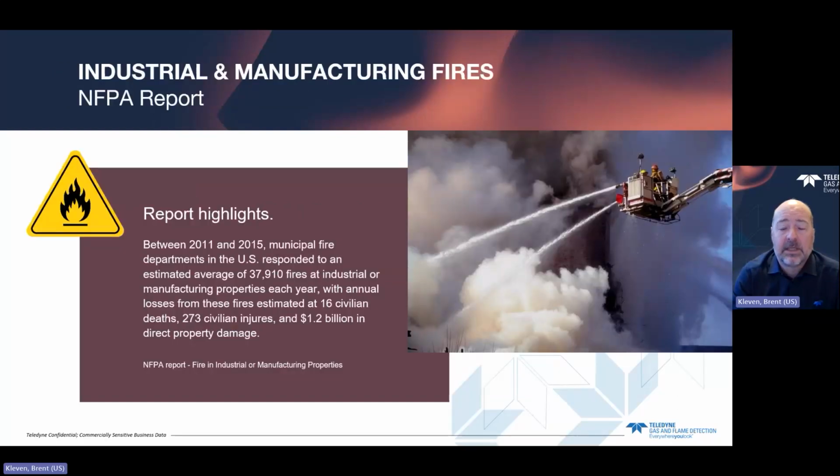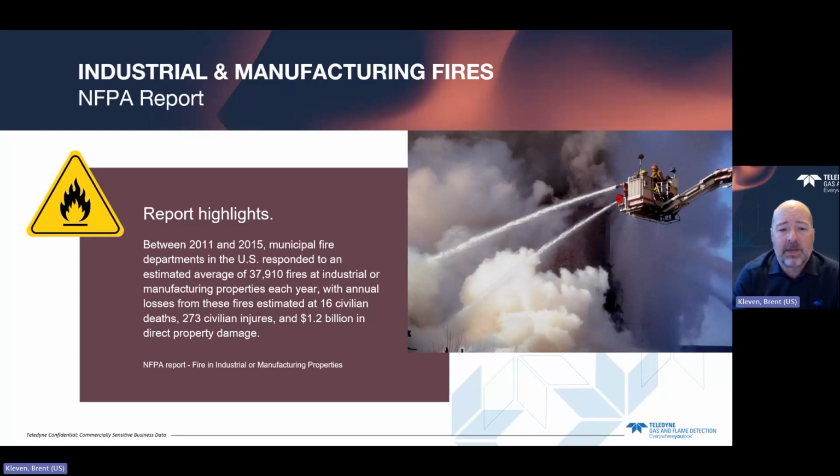So for example, when we're talking about the catastrophic nature of these fires, if we look at an NFPA report, between 2011 and 2015, municipal fire departments responded to an estimated average of 37,910 fires at industrial or manufacturing properties. This is not residential buildings.